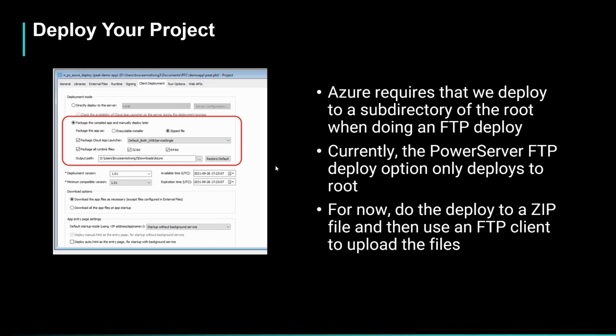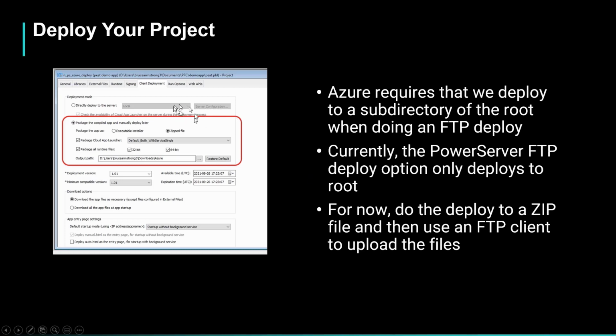When they give you the FTP URL that you're going to connect to, the root of that FTP server is like 3 levels above the www root folder. So if you deployed to the root of that, you're way off as far as where the files need to be deployed. I pointed this out to Appian, so hopefully they'll address it in a later version.